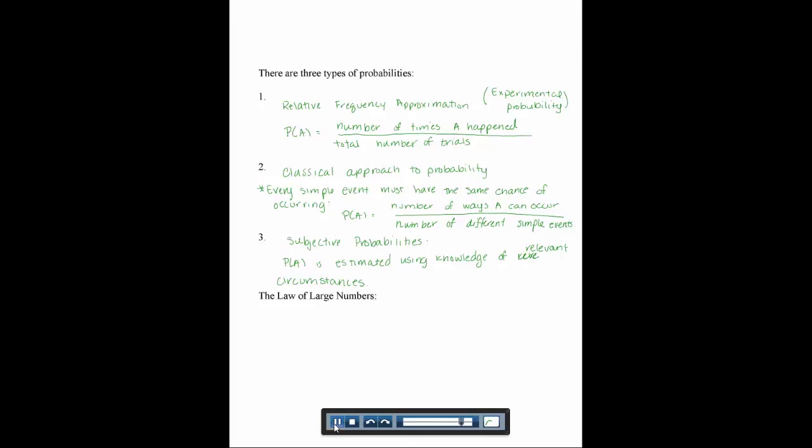And the law of large numbers says that as a procedure is repeated again and again, the relative frequency probability gets closer to the actual probability.